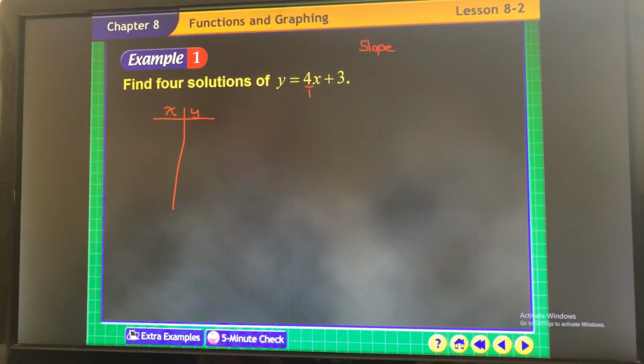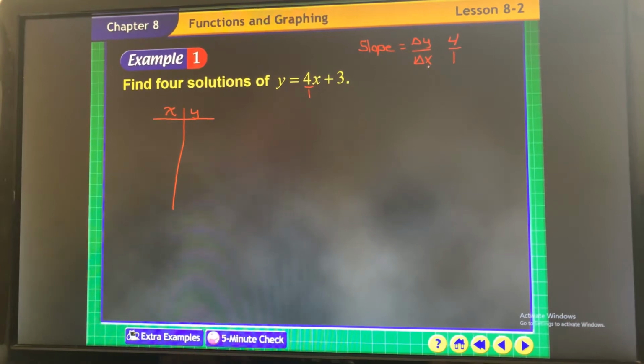This is a positive number. This is also what we refer to as the coefficient. This is also the slope. It's 4. In order to find slope, it's the change in y over the change in x, okay? So this slope is 4 over 1.